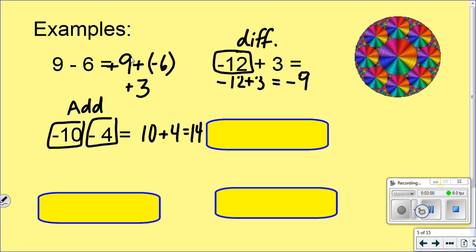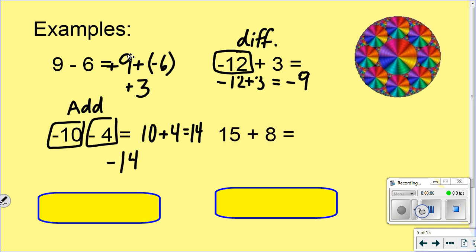Since they're both negatives, my answer is going to be a negative 14. All right, here it looks like I have same signs, positive 15 and positive 8. So I'm just going to add those together. 15 and 8 is 23. The common sign is positive, so that's a positive 23.